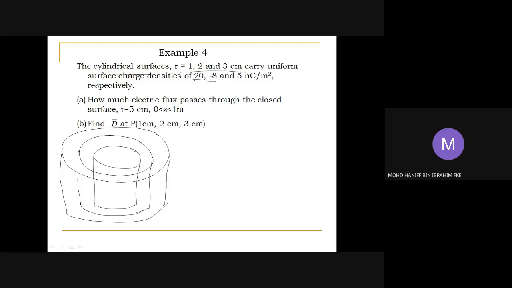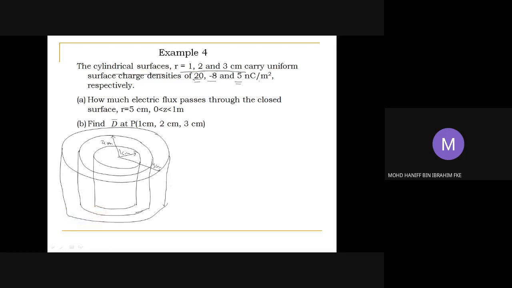Hopefully you can distinguish these 3 surfaces here. So this is the 1 cm radius, that is the 2 cm radius, and then we have the 3 cm radius. These are 3 cylindrical surfaces, each having a different charge distribution.